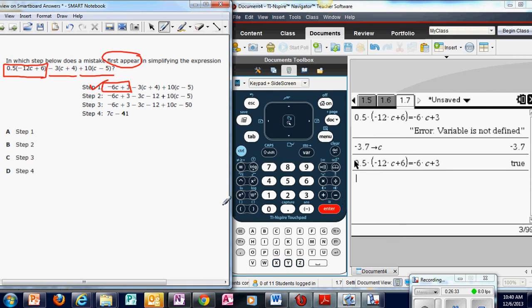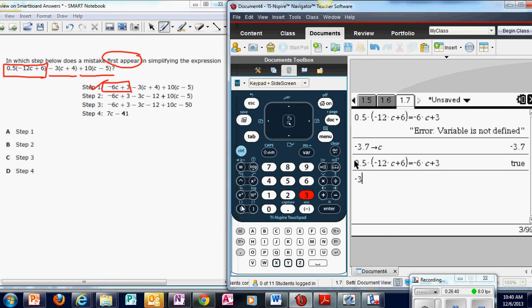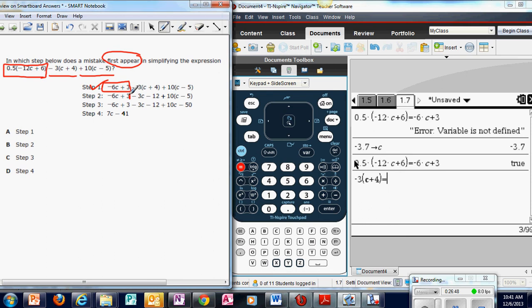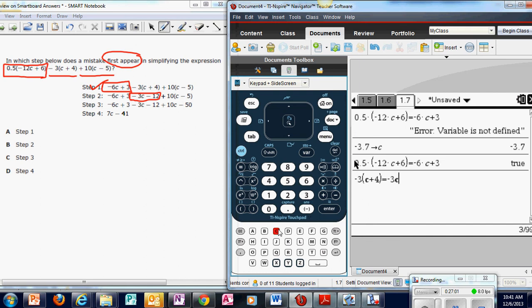So then I can go to step 2 and I can do the same thing. Negative 3 parentheses, C plus 4, close parentheses, and this is supposed to equal this piece. Again, we checked in advance to see what changed each time. Make sure you don't forget all the signs. And this should be negative 3c minus 12.